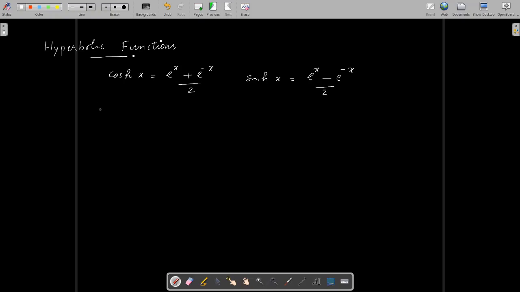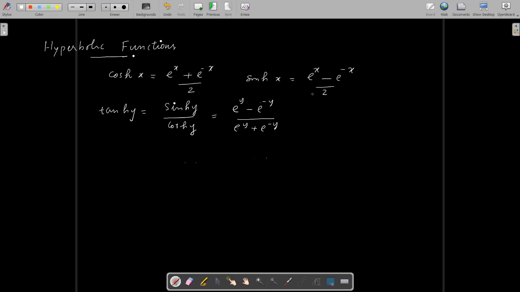Say tanh y. Tanh y is defined as sinh y divided by cosh y, that is e raised to y minus e raised to minus y divided by e raised to y plus e raised to minus y.